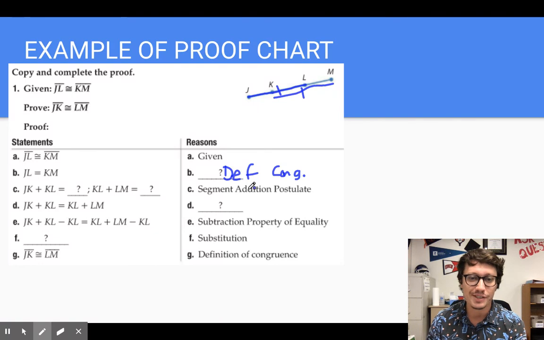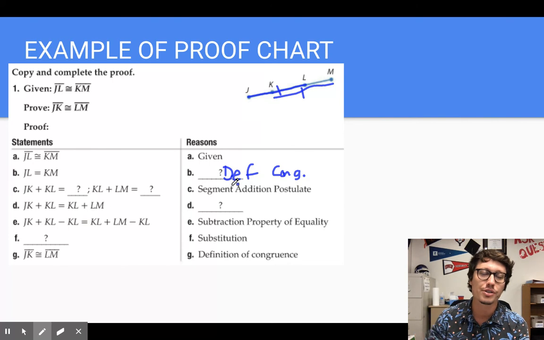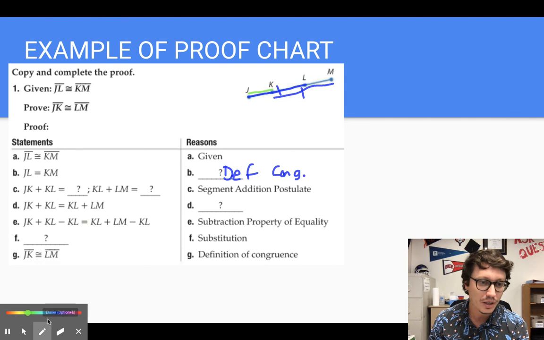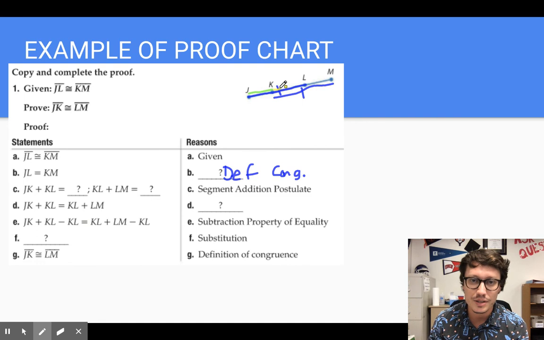Now we have the segment addition postulate. We're going to add together segments, right? You add two smalls to equal the big. Okay, but notice we have to fill in what our big segment is. JK, if I use a different color, JK is here, right? And then if I use yet another color, plus KL is there.